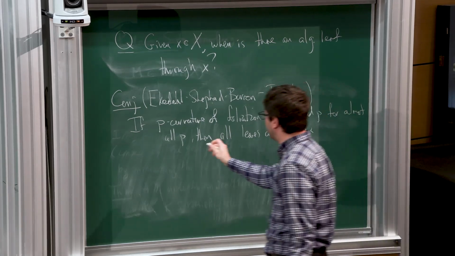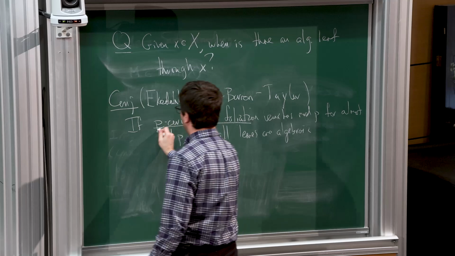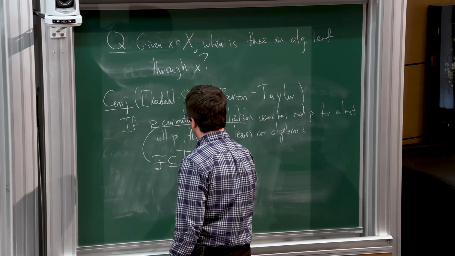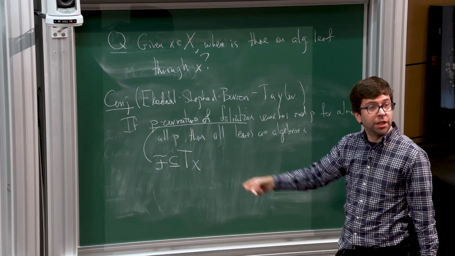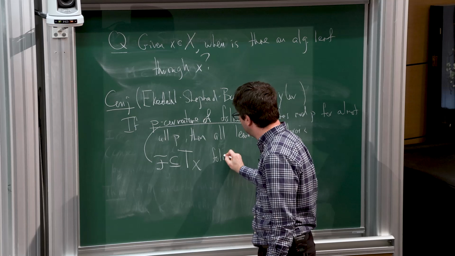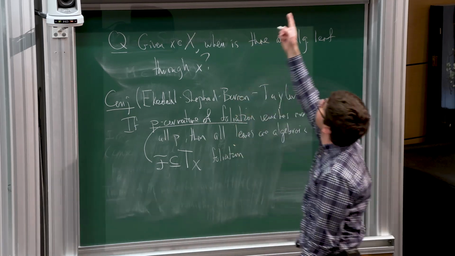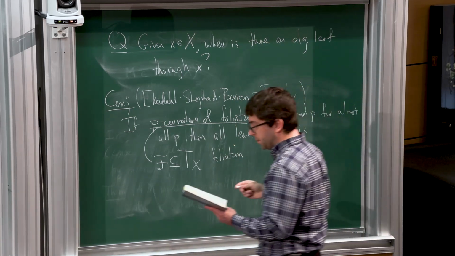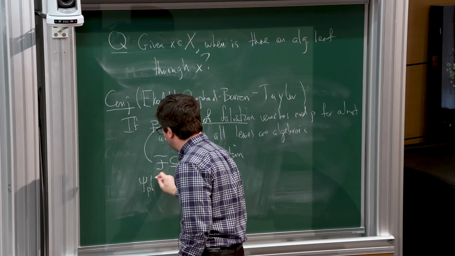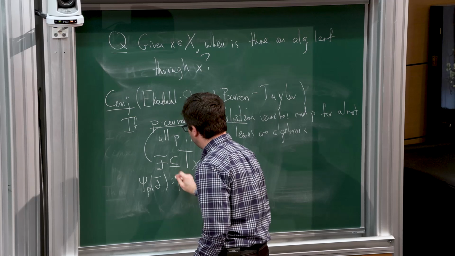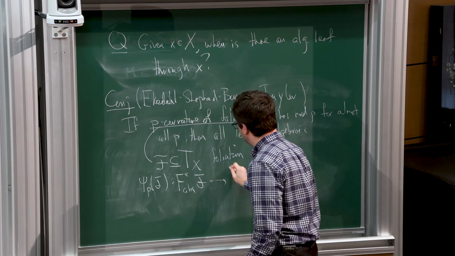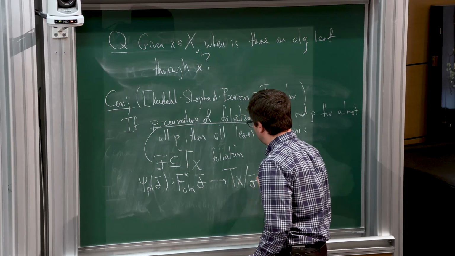Okay. So what do I mean by p-curvature of the foliation? So here, I'm going to think of my splitting as given by some subbundle F inside of T_X. So this is the foliation. It's the image of the splitting of that sequence up there. And if I'm in characteristic p, there's a map C_p of F, which goes from the Frobenius pullback of F to T_X mod F. And what does it do?